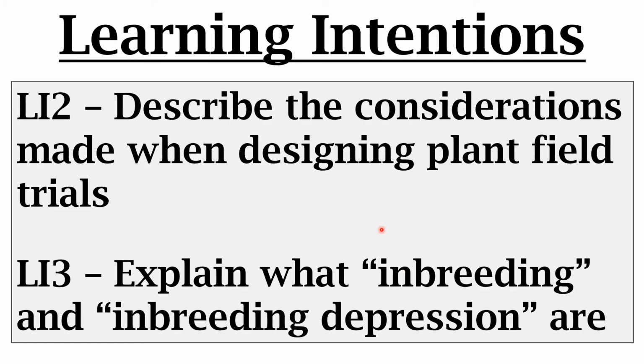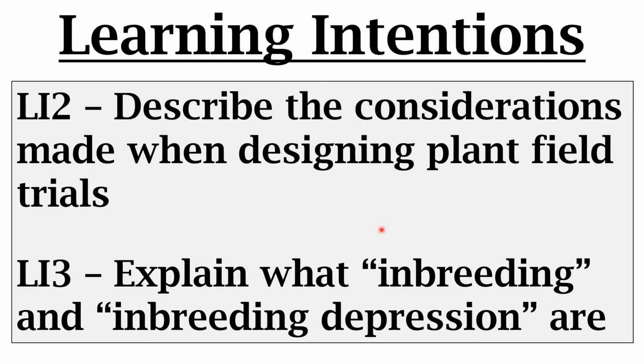Okay, so the next part of this. If you're trying to produce plants which have higher yields or higher nutritional values, these days you would set out plant field trials. Going back to the early humans, they wouldn't really have known the science of selective breeding, but if a particular plant survived a frost, then maybe they would take the seeds from that, or if a particular plant grew more than the others, they would take the seeds.